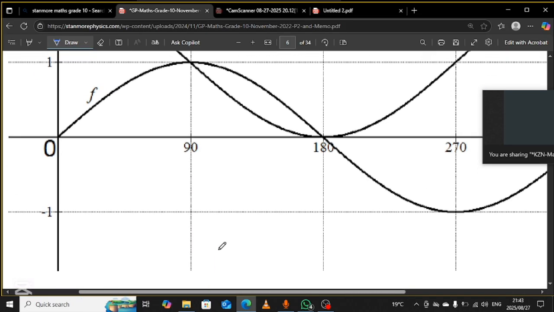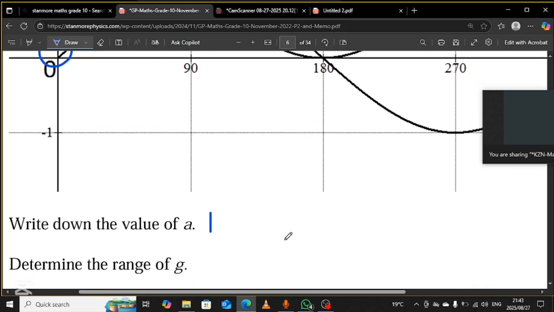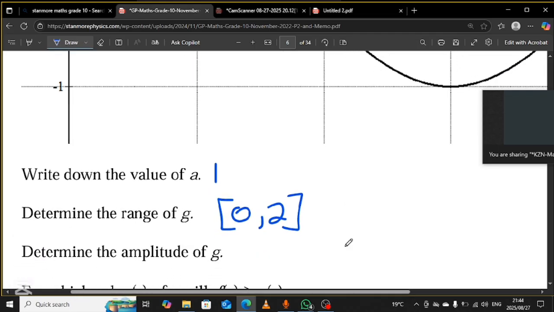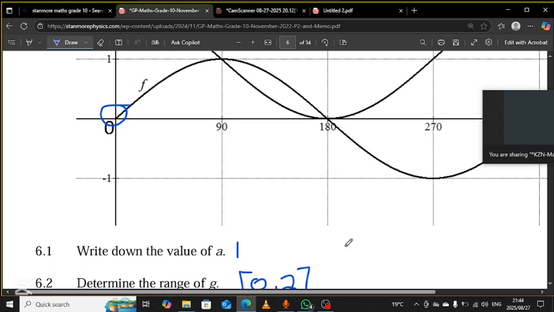So let's look at the range. g is actually moving from positive 2 to 0. Oh, so I used the wrong graph. So g is from 0 to 2. Determine the amplitude of g. The amplitude of g is 1.